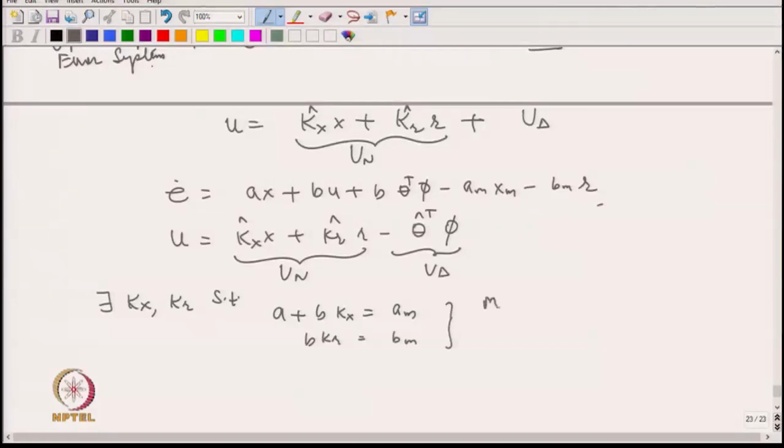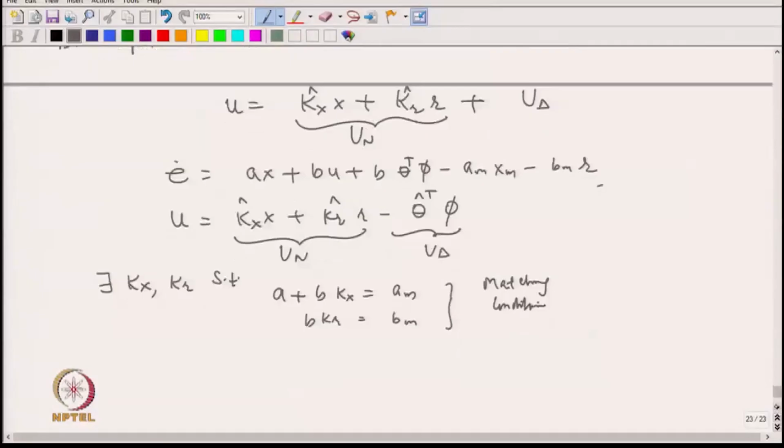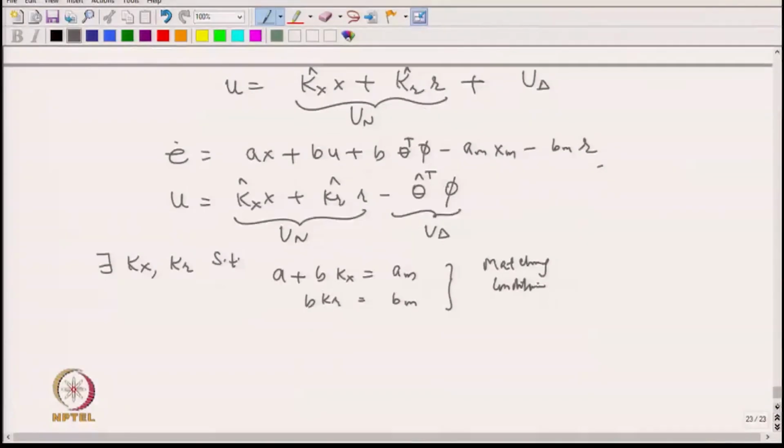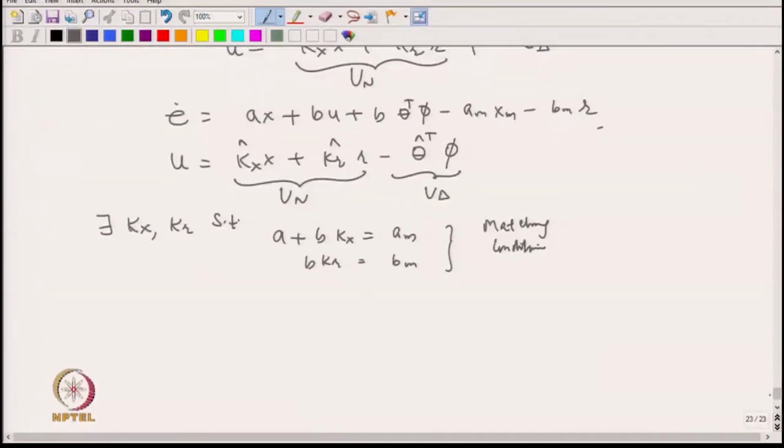So, these are the matching conditions, and they are trivially satisfied for the scalar case. For the vector case, they may not be satisfied. So, you have to be careful when dealing with the vector case. There may not exist enough structural flexibility in the plant to satisfy these matching conditions in the vector case.